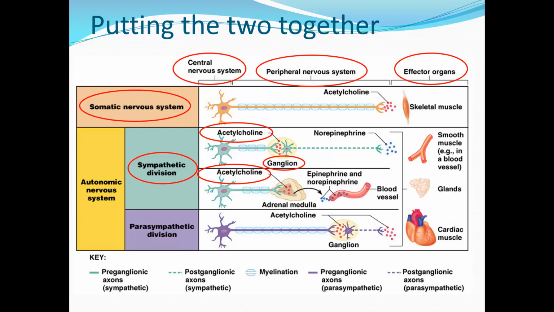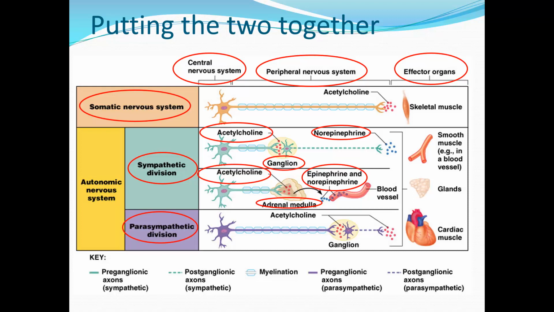They go to the ganglia or adrenal medulla, and then through the postsynaptic neuron and release their neurotransmitter, primarily norepinephrine in terms of the sympathetic nervous system. When it comes to affecting blood vessels, it's epinephrine and norepinephrine.